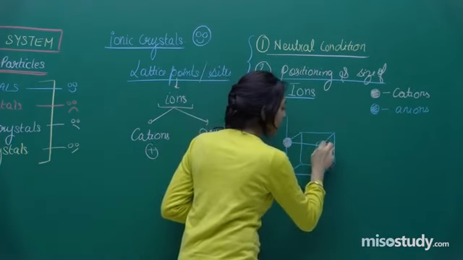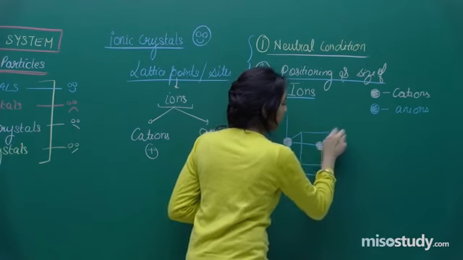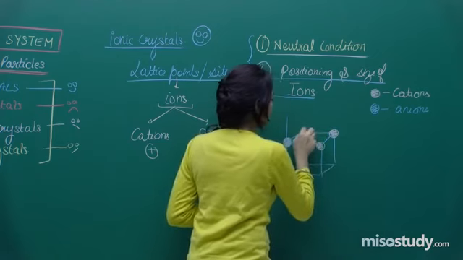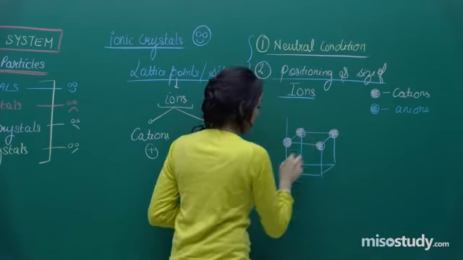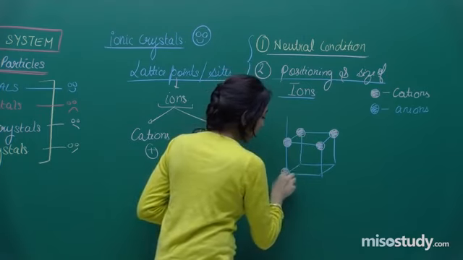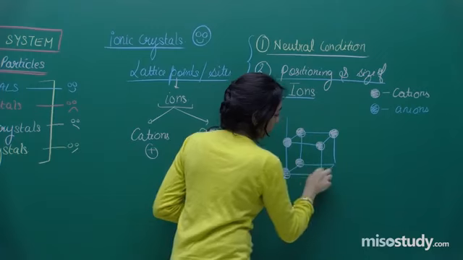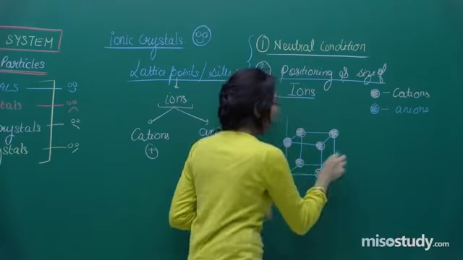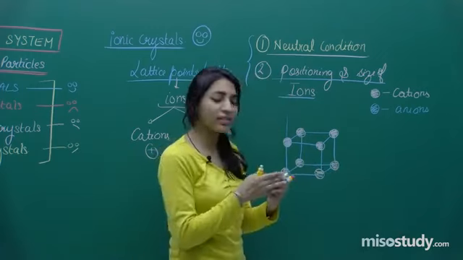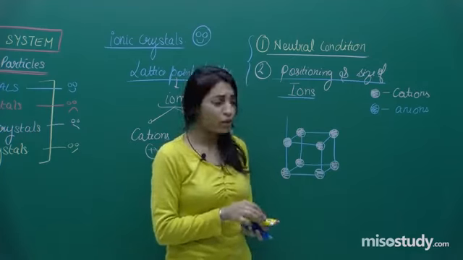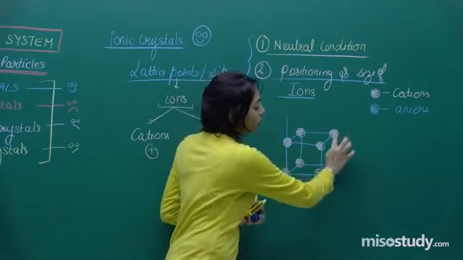Now listen carefully. If I say this white sphere is there, this is there, this is there, and I have one white sphere here, one here, one here, and one here, do you think the entire crystal system will be stable? No, guys. Positive, positive, positive, positive.